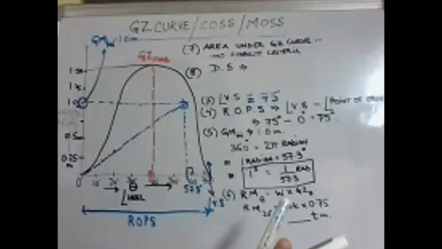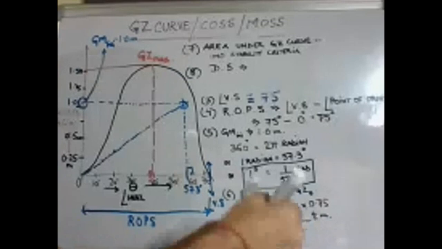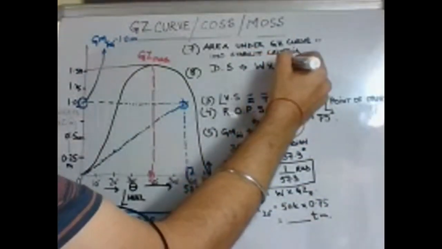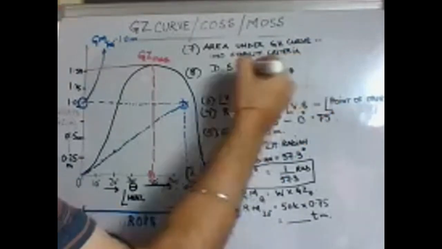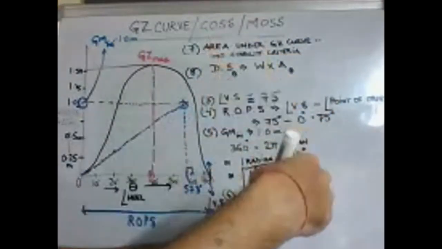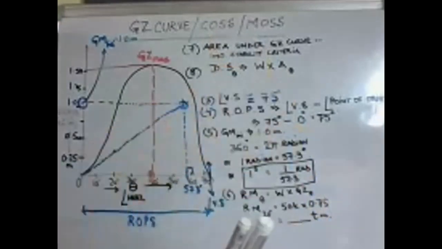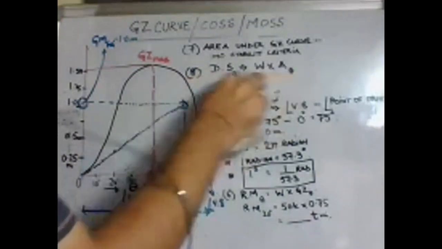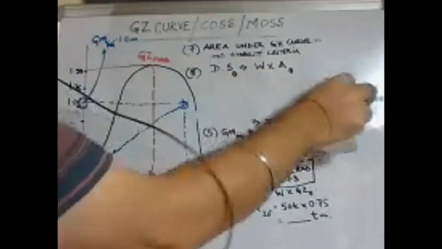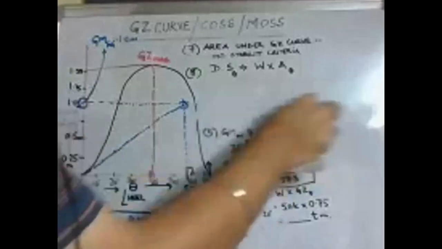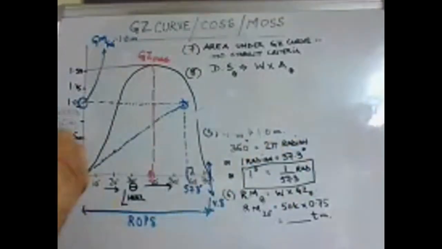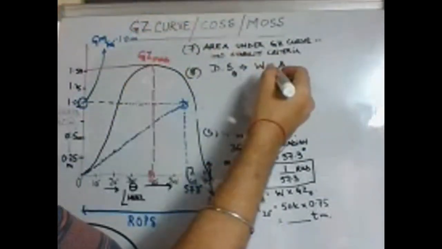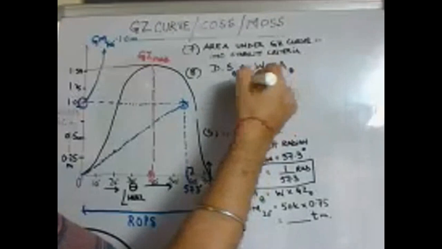Numerically, it is a product of displacement and area under the curve up to that theta.